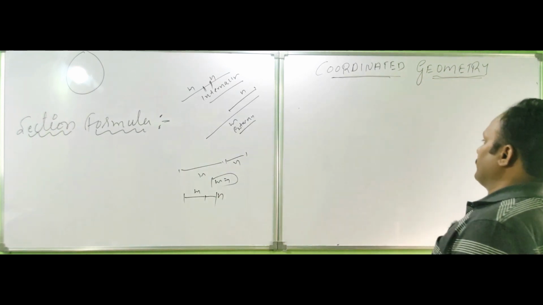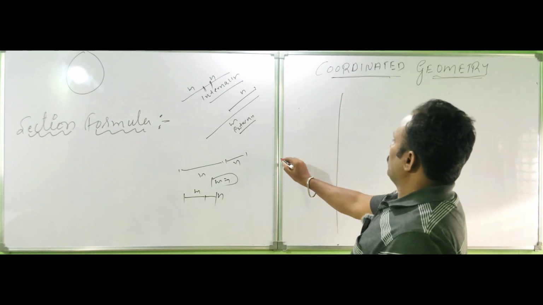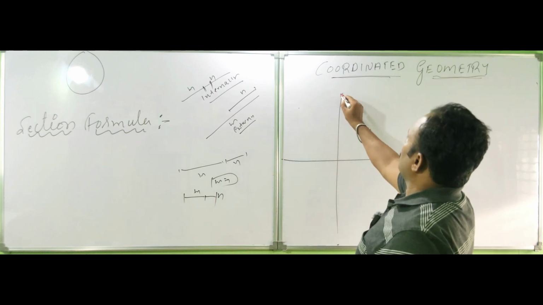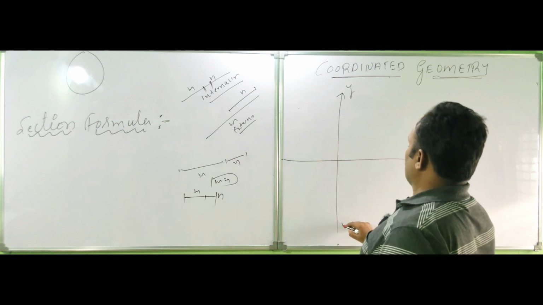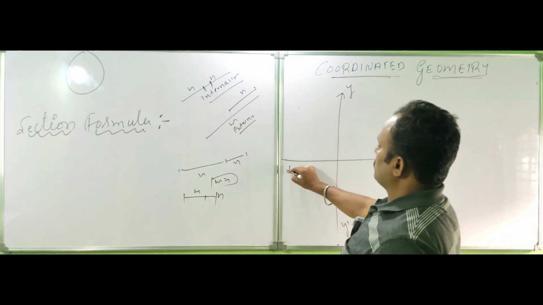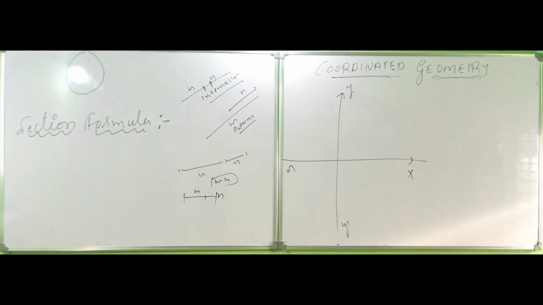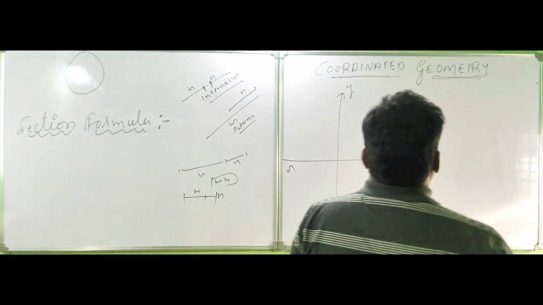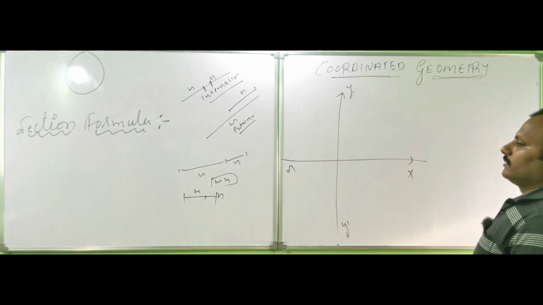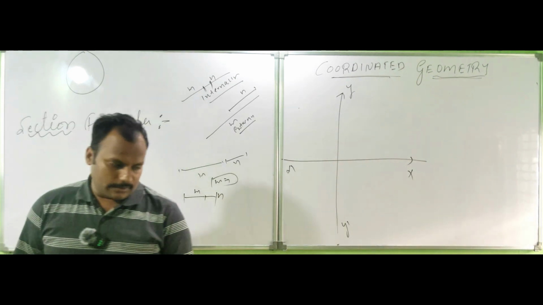Again, we need the coordinate geometry. This is y, y dash, x, x dash. The next concept is the section formula.